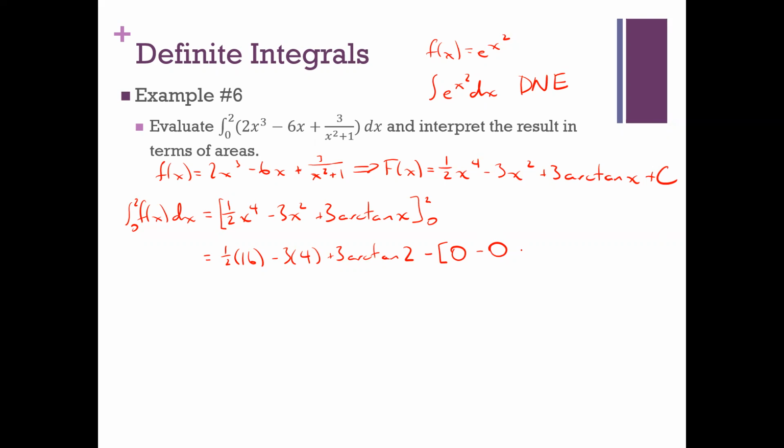What's the arctangent of 0? Zero. So I should just get 8 minus 12, so minus 4 plus 3 times the arctangent of 2, which I'll just leave exact.